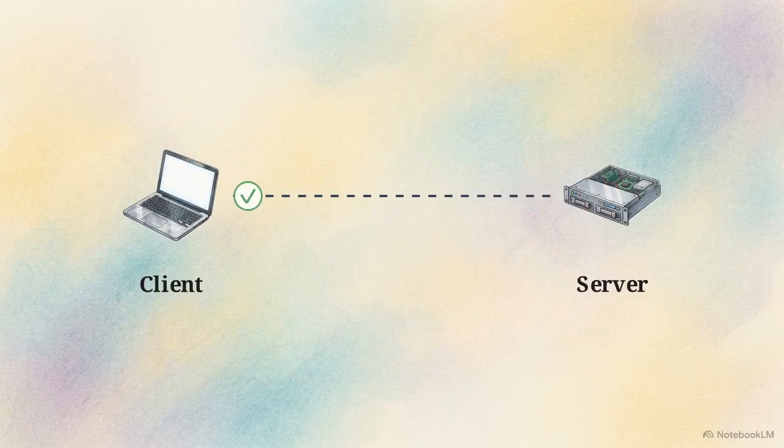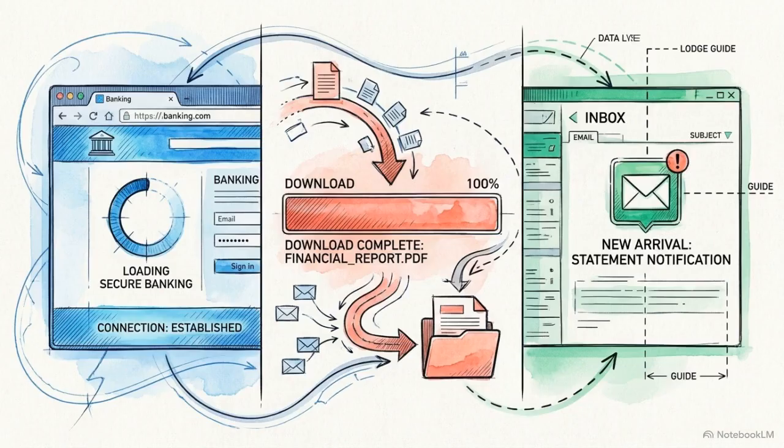TCP utilizes error-checking mechanisms and requires the receiving device to acknowledge every packet. If a packet goes missing, TCP demands a retransmission to ensure the data arrives accurately and in the correct order. This exactness makes TCP the mandatory standard for loading web pages via HTTP, downloading files over FTP, and sending emails.